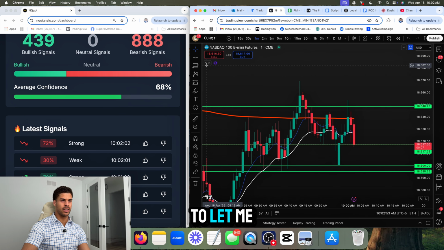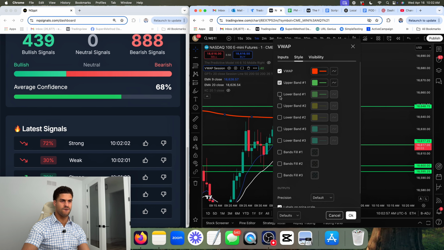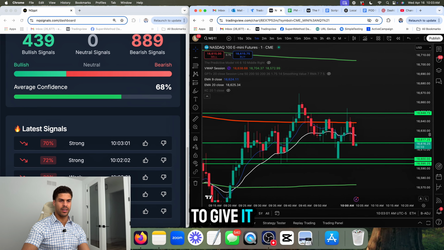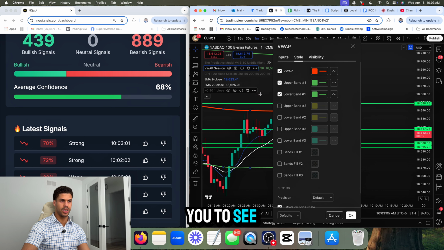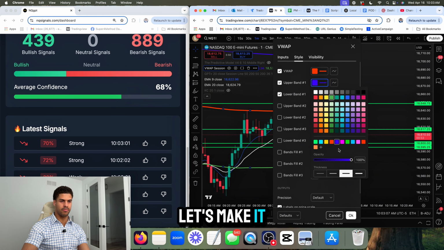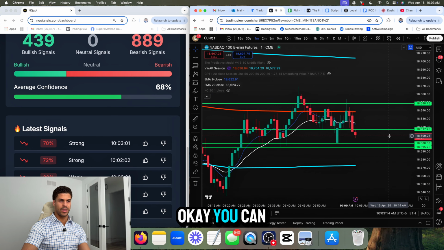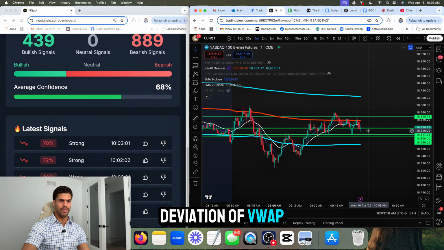If I had to give you a different way of looking at it, let me make it easier for you to see this. Let's make it light blue. You could kind of say anytime price is inside the first deviation of VWAP, we're going to have choppiness.